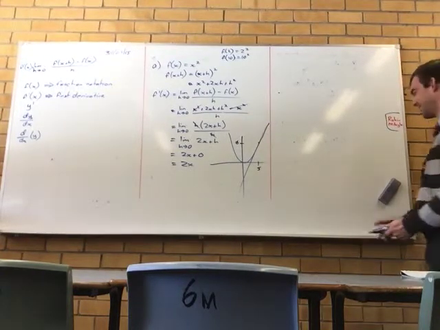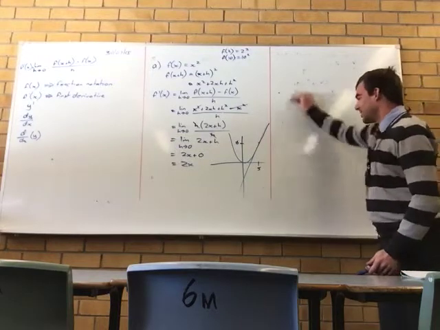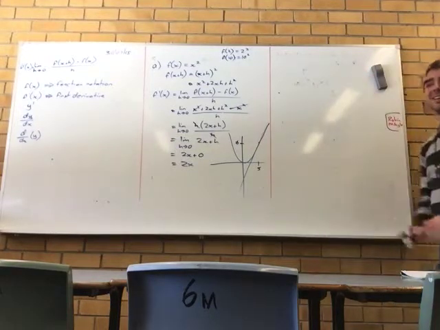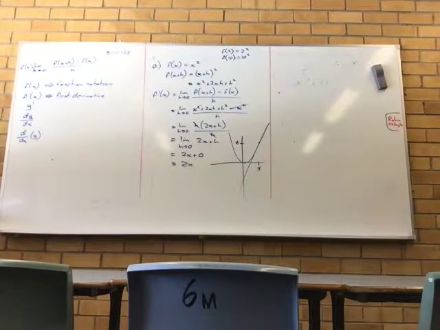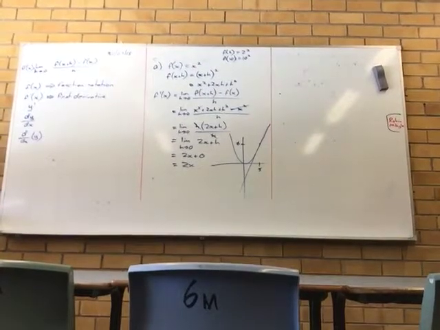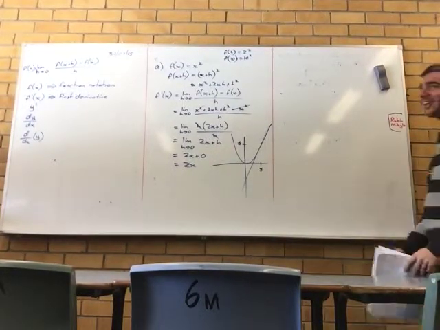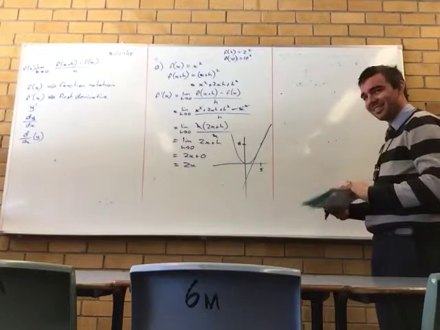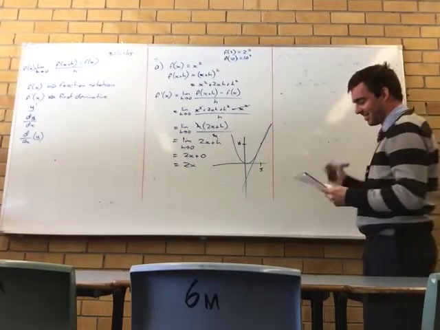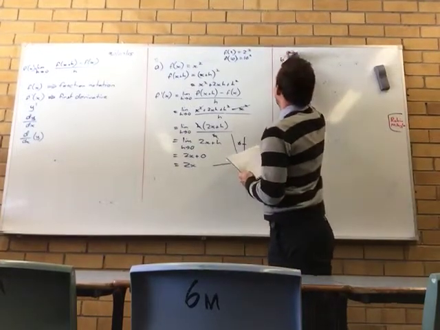What is it? Negative 8? Yes, negative 8 is the gradient of the tangent. You said 10! She said negative 8. I heard 10. I think you might be watching that again, so you're going to need to watch this video.